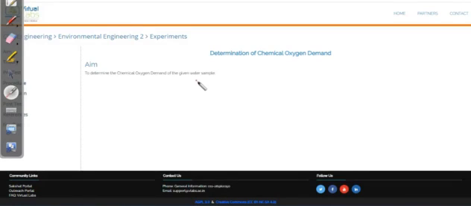The difference between BOD and COD I already told you in the theory classroom: BOD is an oxidation process that takes place with the help of microorganisms or bacteria because of their metabolism. While for the chemical oxygen demand, we use a strong oxidizing agent rather than microorganisms, a chemical which oxidizes the oxygen present in the water sample, and from that we can easily find the value of the COD.